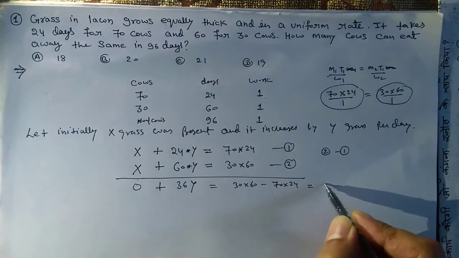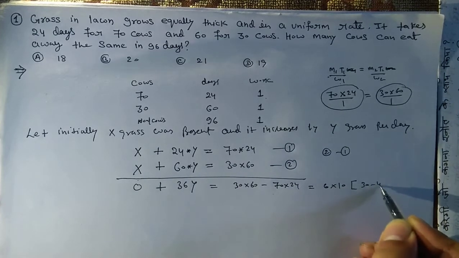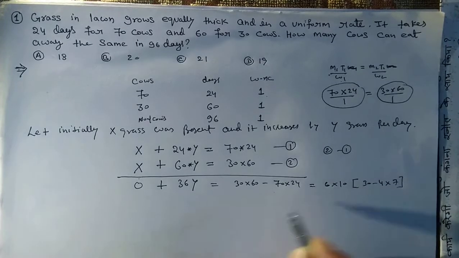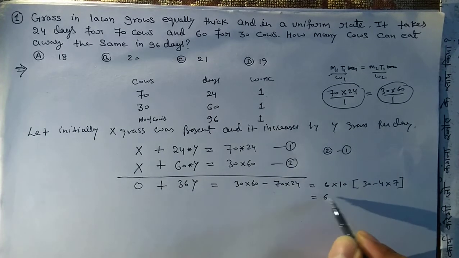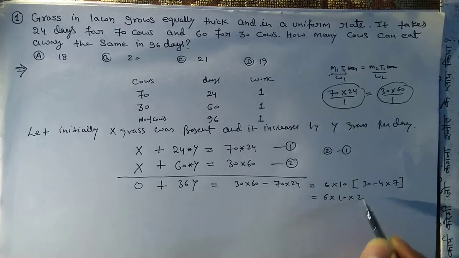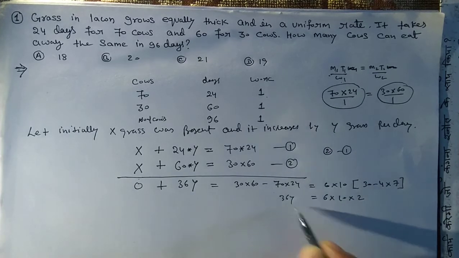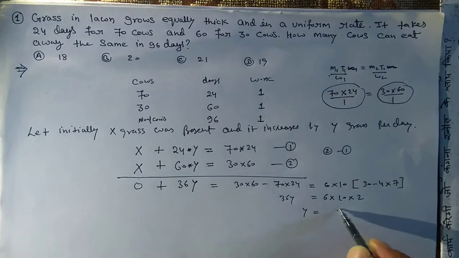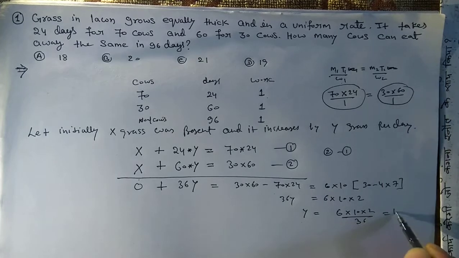Taking 6 into 10 common: 30 minus 4 into 7, that is 28, and this is 2. So this is 6 into 10 into 2, equal to 36Y. So Y is equal to 6 into 10 into 2 upon 36, that will be 10 upon 3.